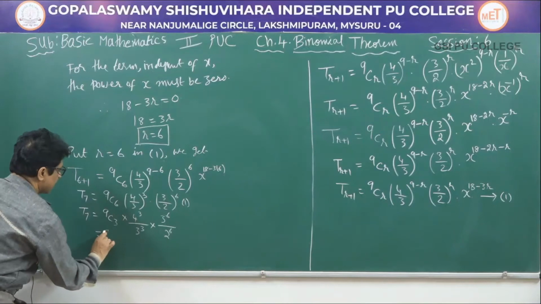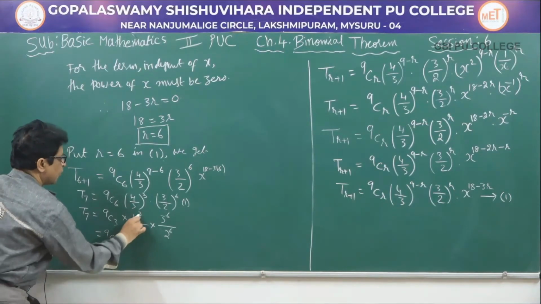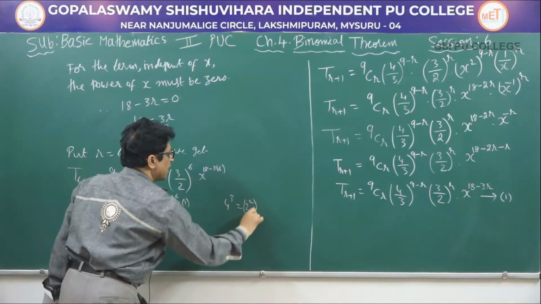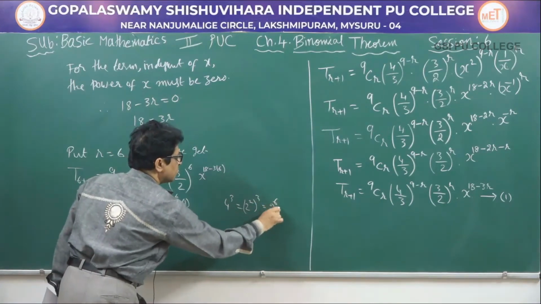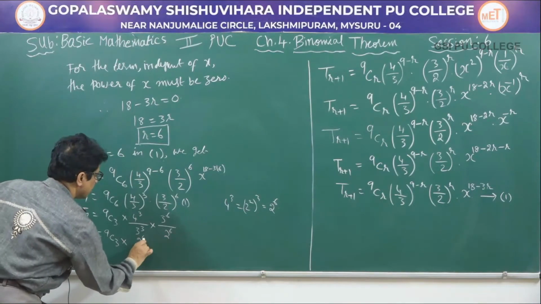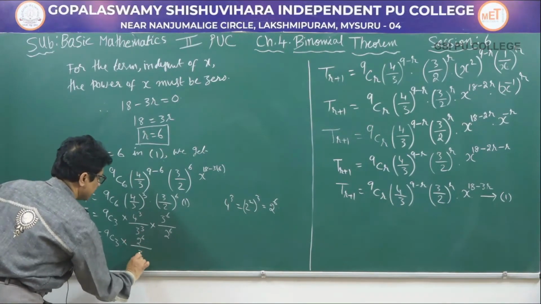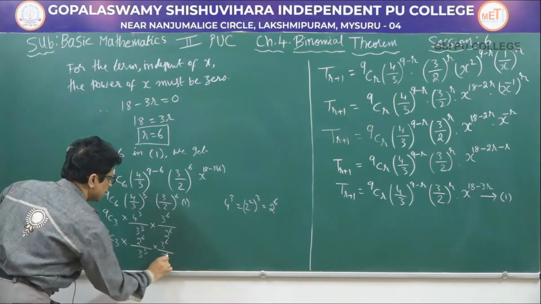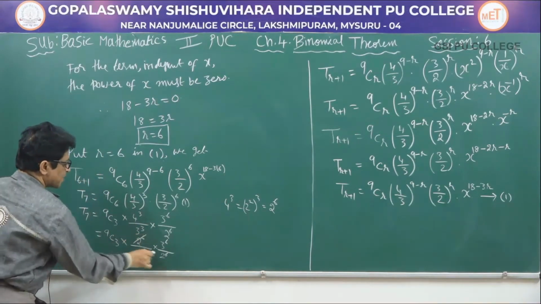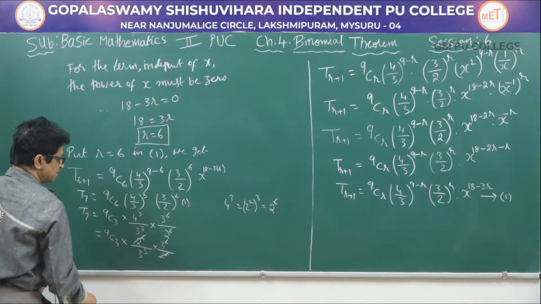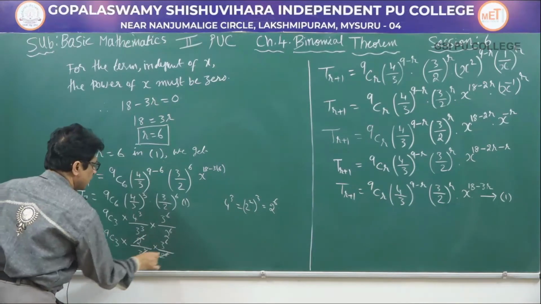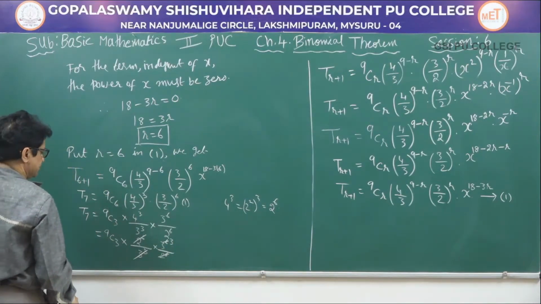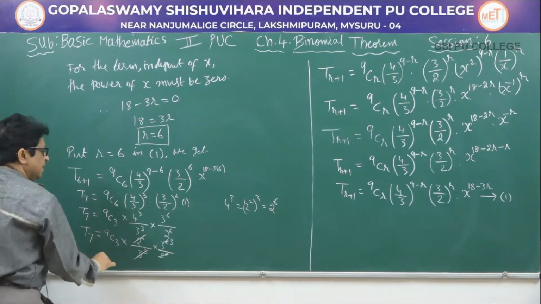So that will be equal to 9C3 into 4³. Now 4³ is nothing but (2²)³, which is nothing but 2⁶. So 2⁶/3³ into 3⁶/2⁶. So 2⁶ and 2⁶ will cancel, and we get 3³.